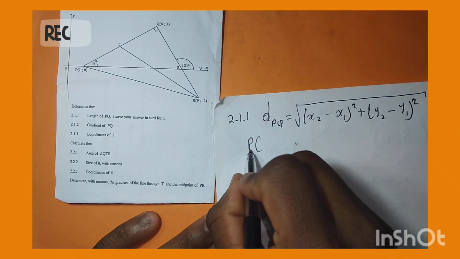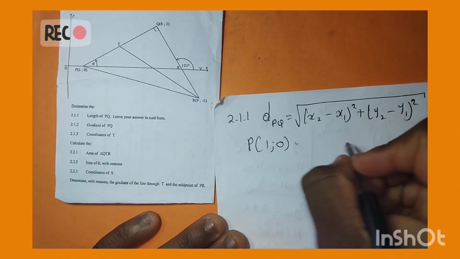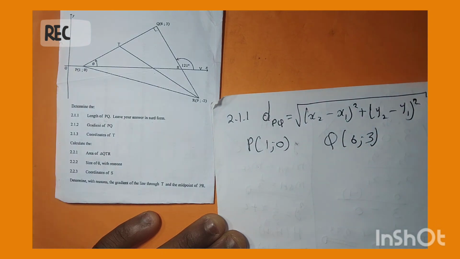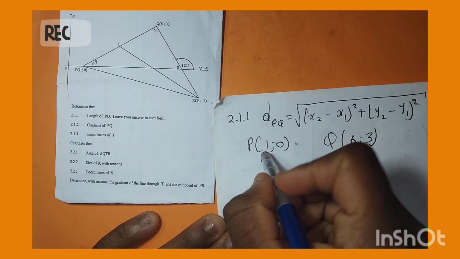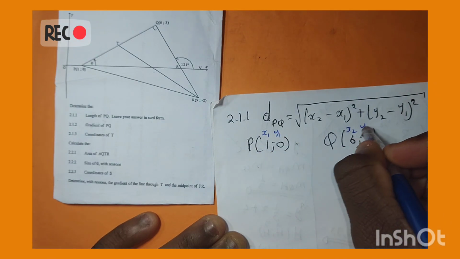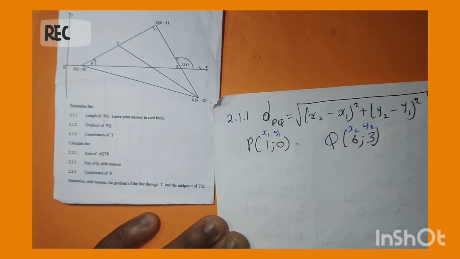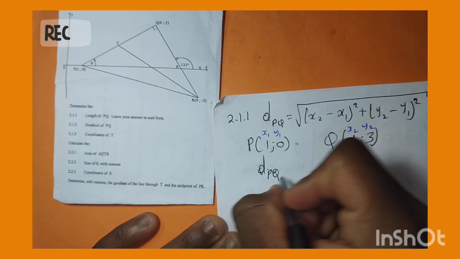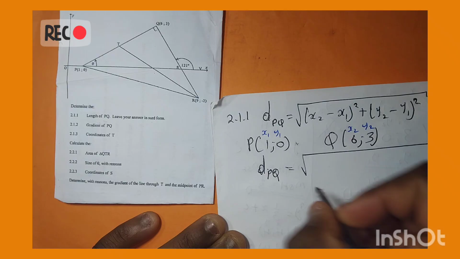We are given the point P, and also the point Q. I will name this one point 1 and this one point 2. So now I can substitute.